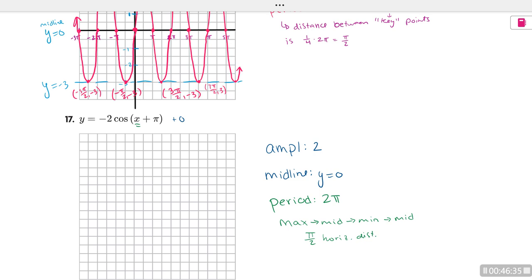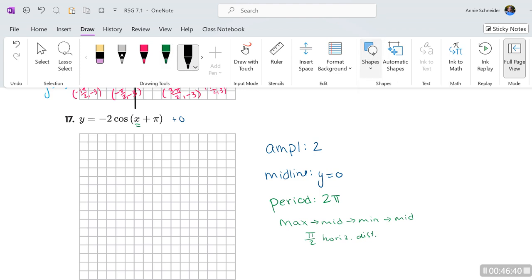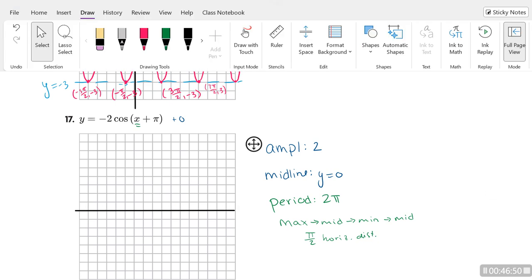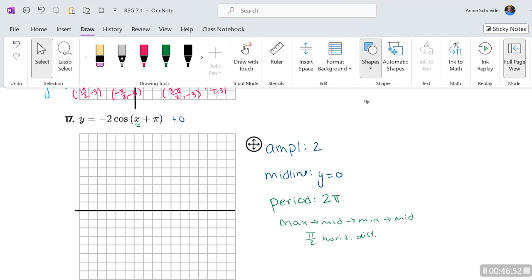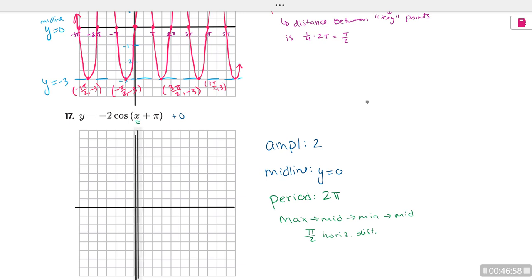So let's put some axes on here. Okay, there's our x-axis, and let's draw a y-axis now. I'll put it more towards the middle, I guess. So there's our y-axis.